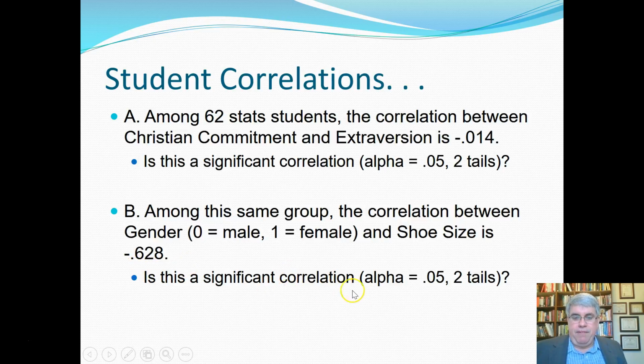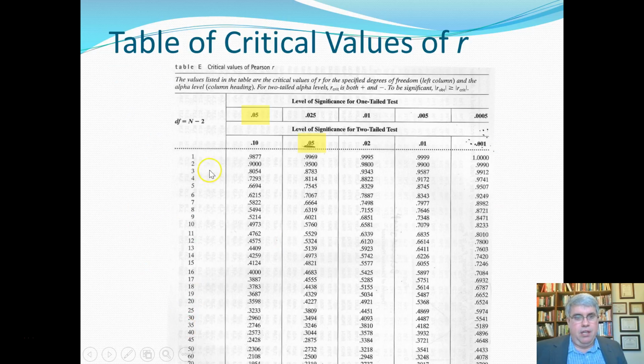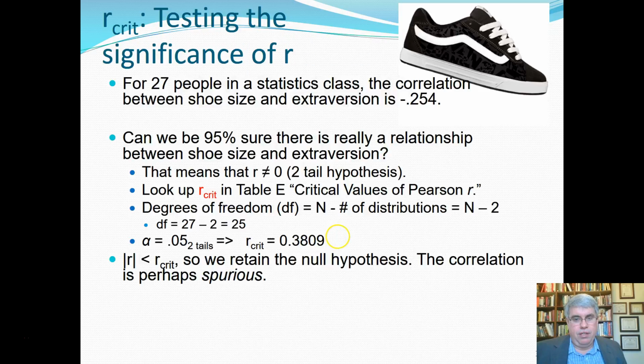So now, is this a significant correlation using our alpha equals 0.05 two-tailed test? Remember, we had 62 students, so this is the same as before. The degrees of freedom equals n minus 2, so that's 62 minus 2 equals 60. We go over here to the two-tailed 0.05, and it's 0.250.